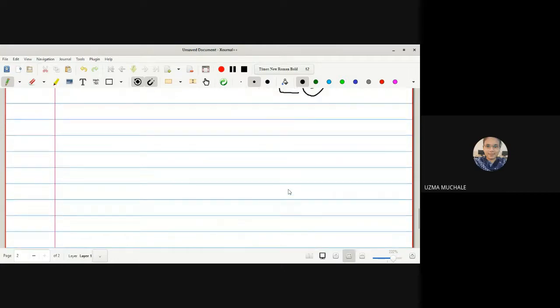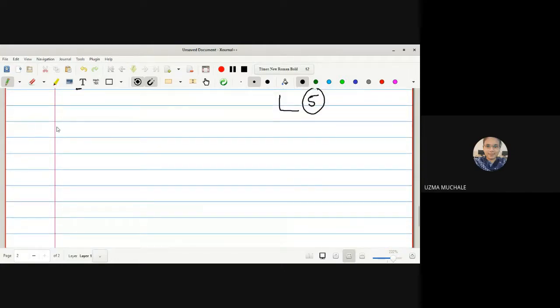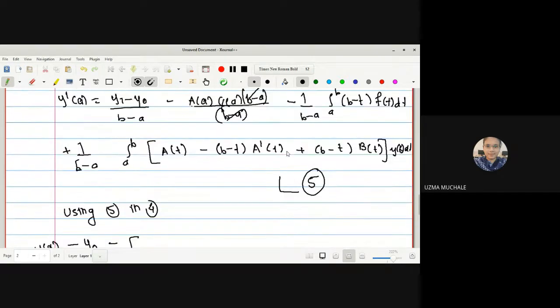Now, what we have to write? Using equation 5 in equation 4, we get y of x minus y naught plus, minus the value of y dash of a, that is the whole equation 5 which we have obtained.